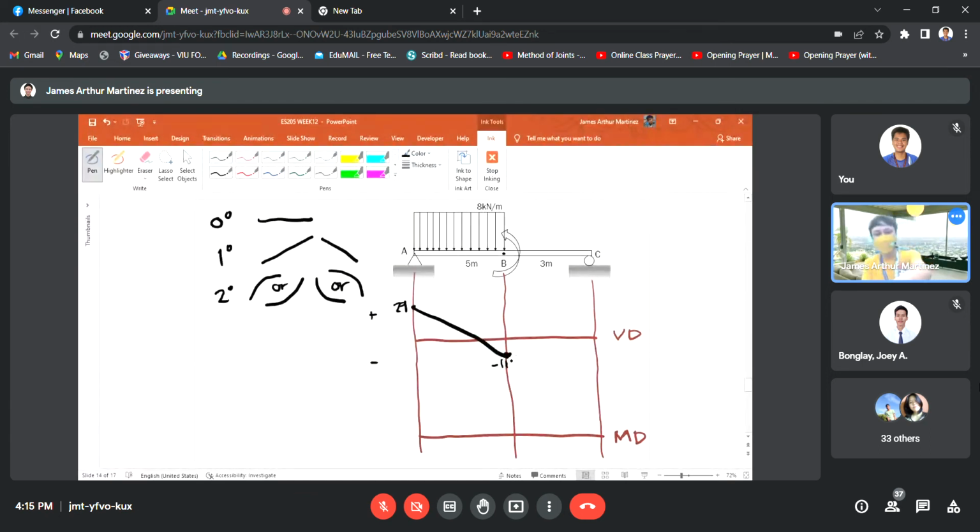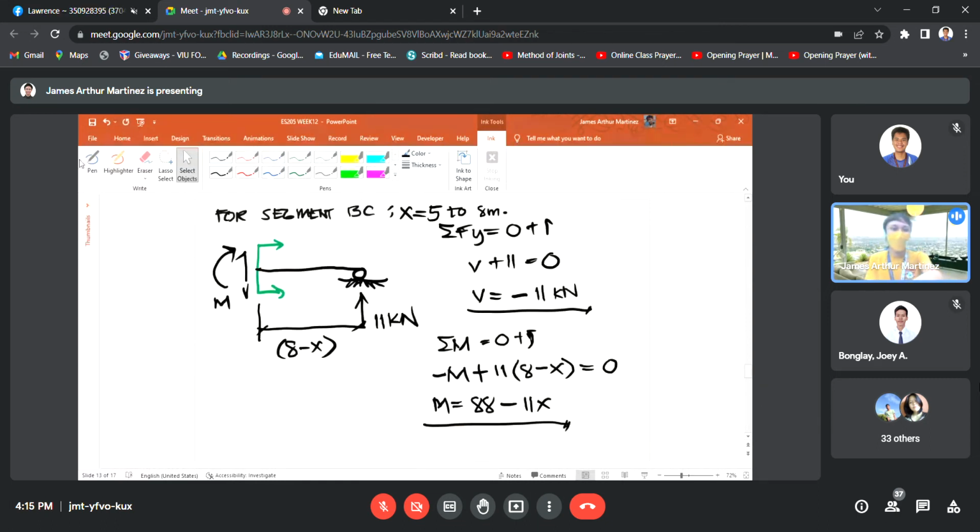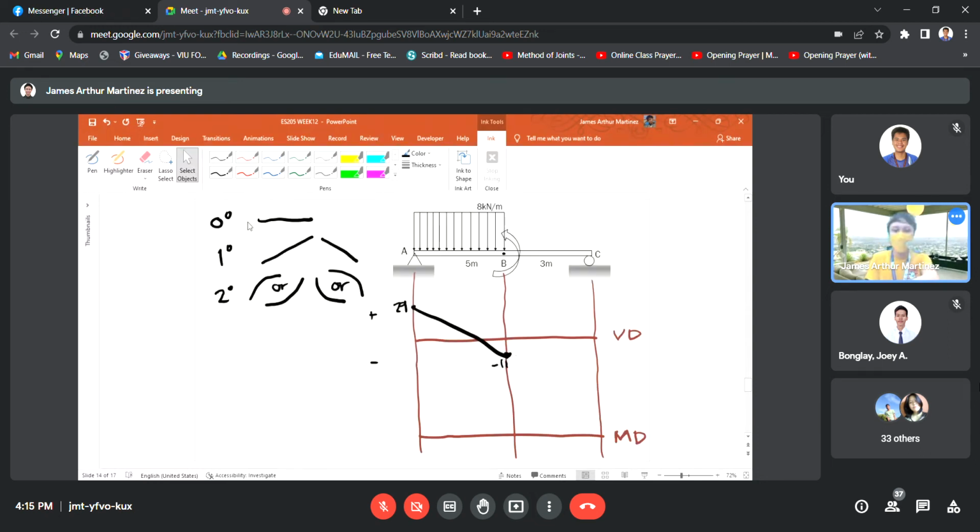Okay? Sige. Now for segment B to C, kung sigala ito ato ang shear for segment B to C, dili siya equation, no? It is a constant value, which is negative 11 kilonewtons. So, meaning class, constant lang na ang imuhang internal shear at segment BC class.